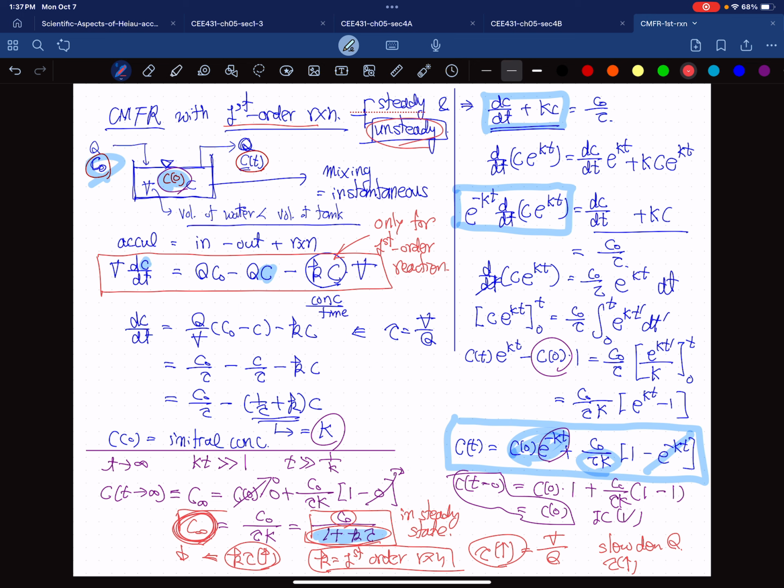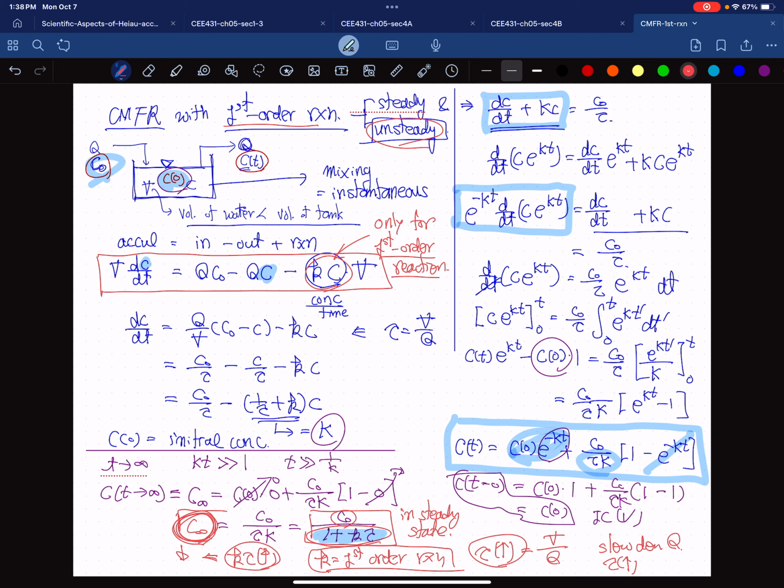Therefore, the linear reaction or first order reaction is often used, and in environmental engineering, most reactions are linear because their concentration is very low.